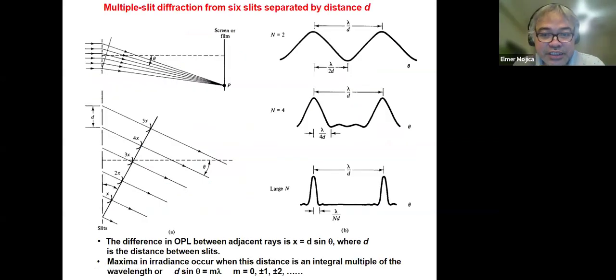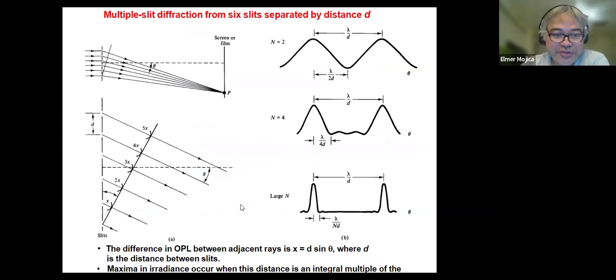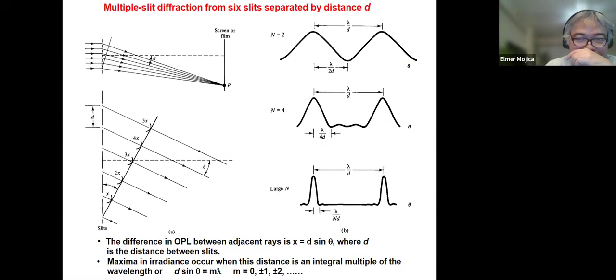So look at what is happening when you have this multiple slit. How many slits do you have? Ilang slits meron?